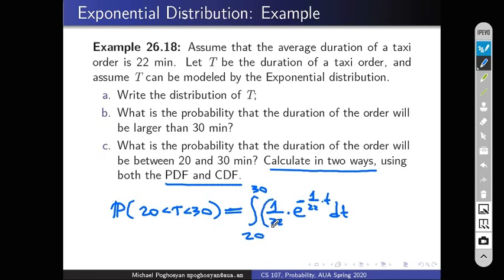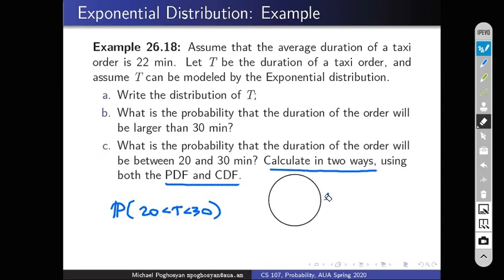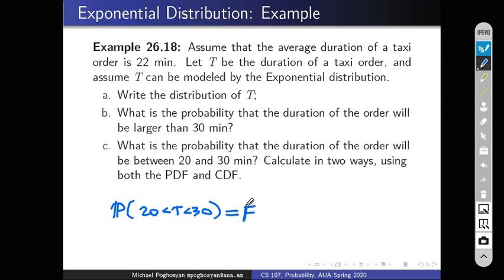I can take this into the integral and calculate it, but I will not do this, calculate this by yourself. I prefer working with the CDF in the case of the exponential distribution.